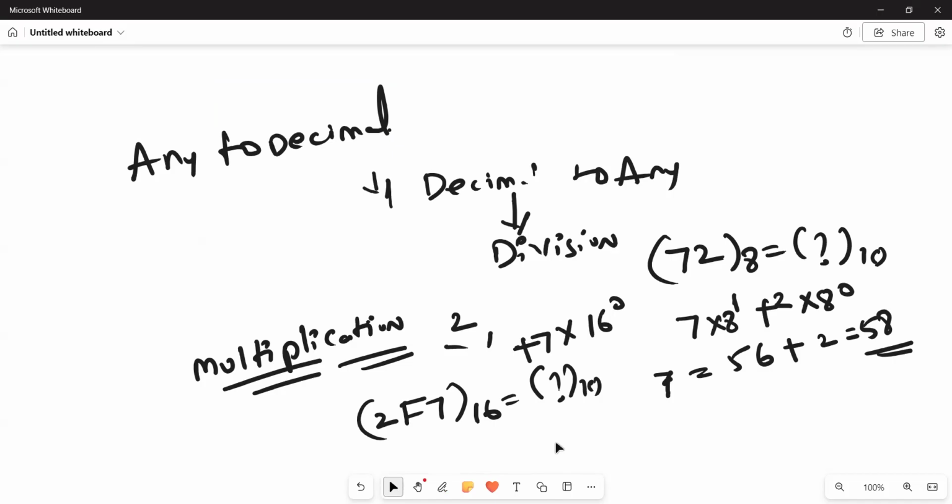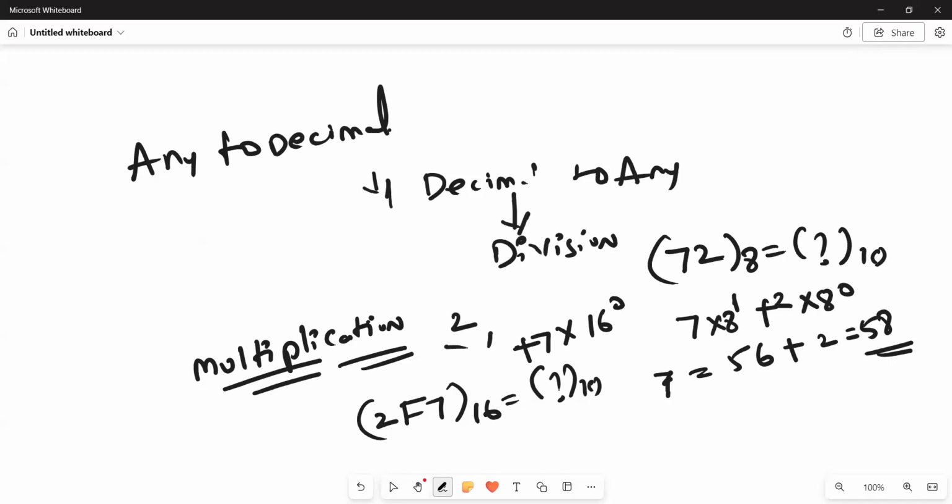Whenever you encounter an alphabet, you know very well: A is 10, B 11, C 12, D 13, E 14, and F 15.